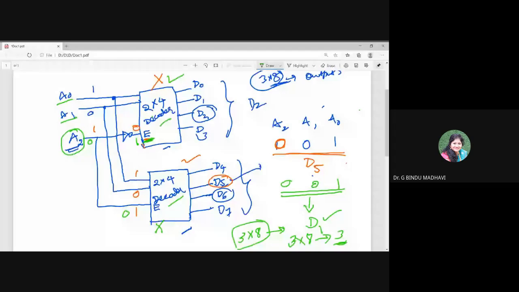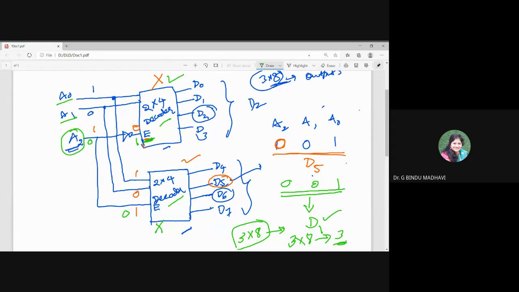So here the two decoders are different, but we want them to work combinedly. For that purpose, we are inverting A2.